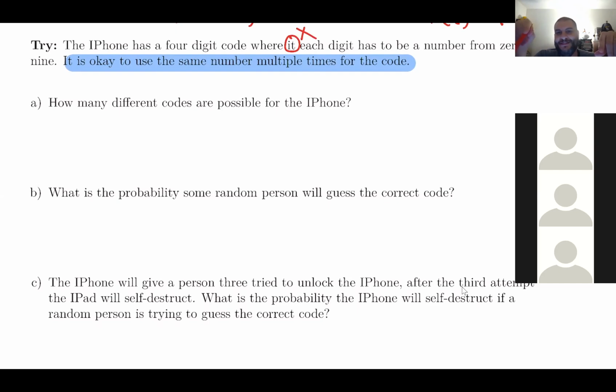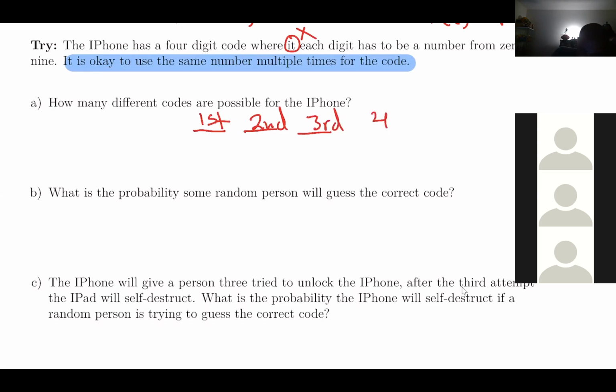Remember, we just said we can't use combination because the number can repeat. Cool, thanks, Lauren.